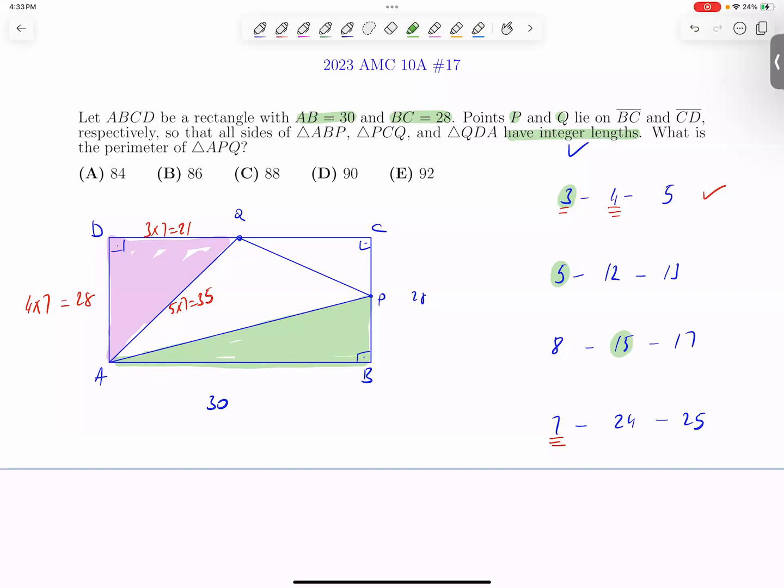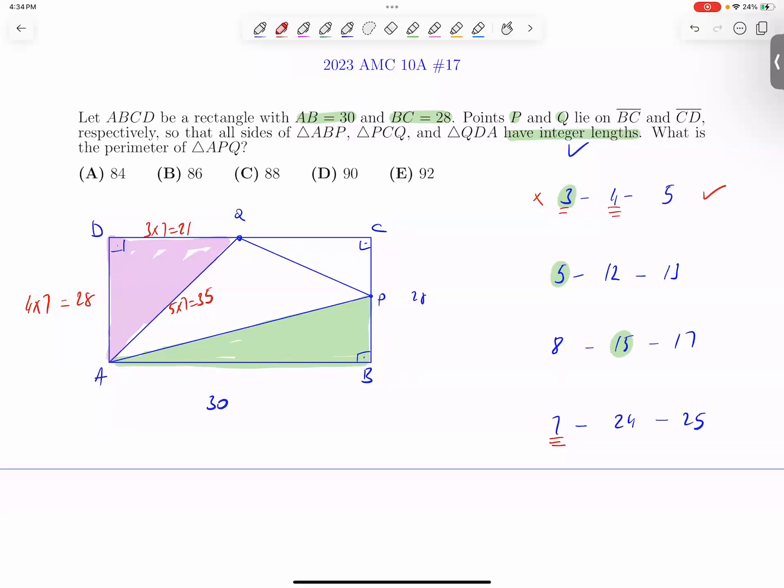If 3 times 10 is 30, then 4 times 10 is 40. That's more than the width of the rectangle, so this is out of the options. What about 5? 5 times 6 is 30, and 12 times 6 is 72, the width is more than the length.